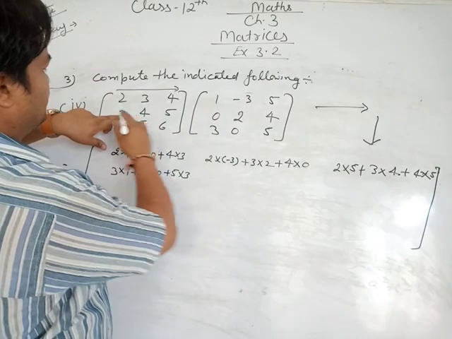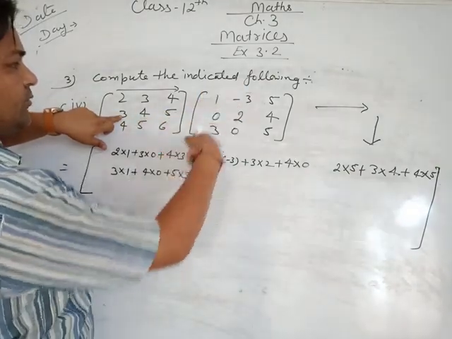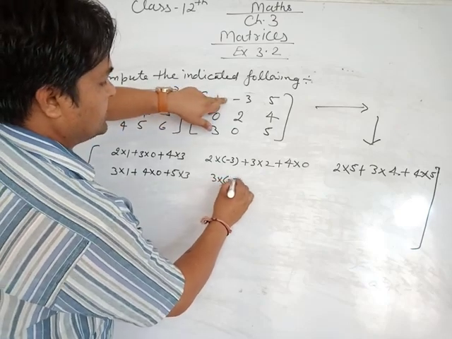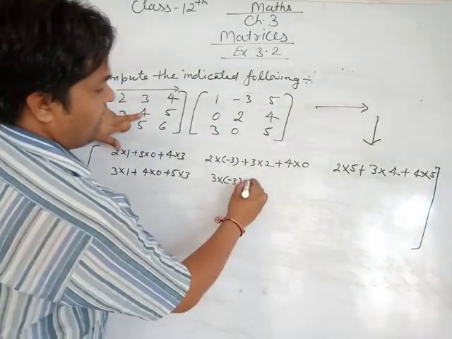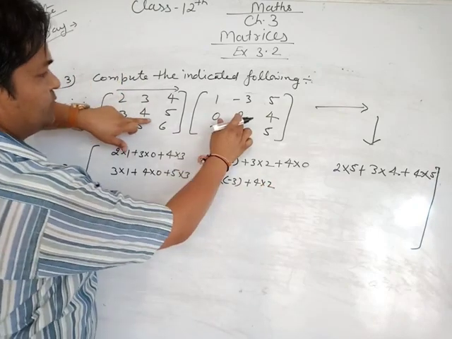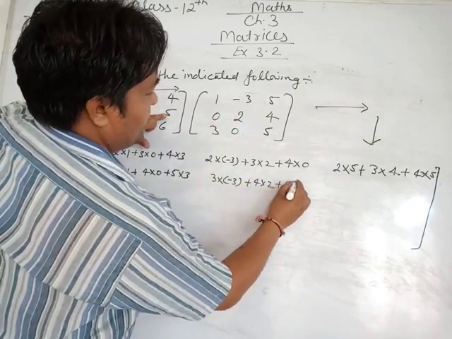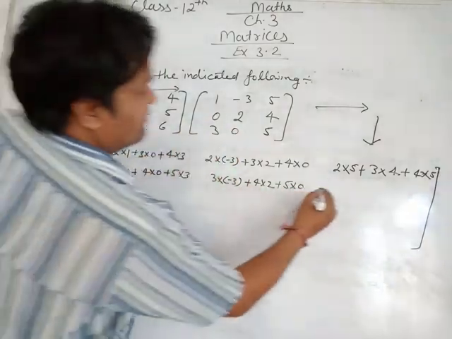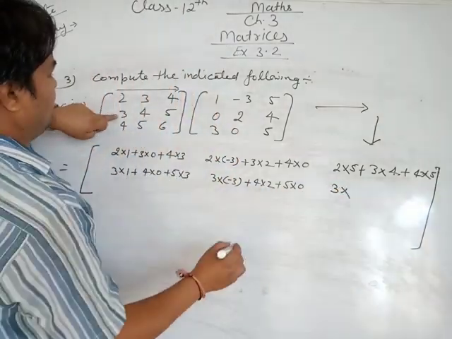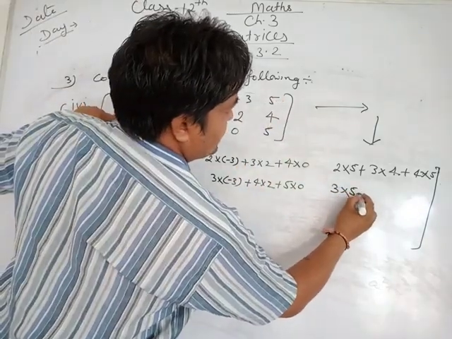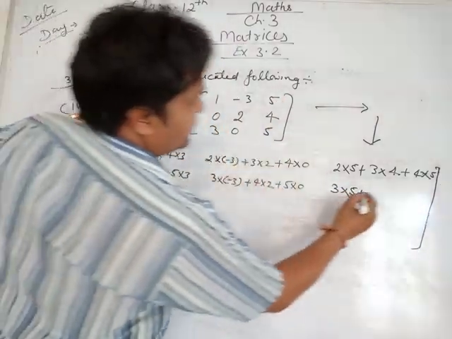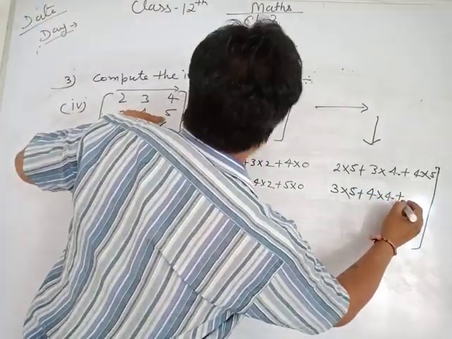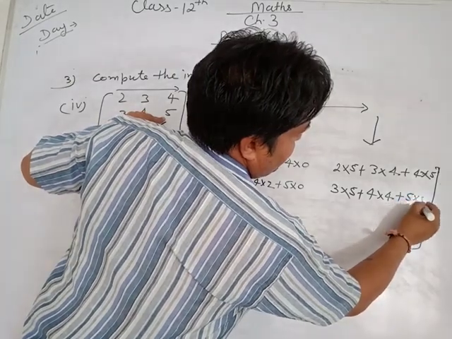Next is the second row and second column of the second matrix: 3 multiply minus 3, 4 multiply 2 and plus 5 multiply 0. Next 3 multiply 5 plus 4 multiply 4 and 5 multiply 5.